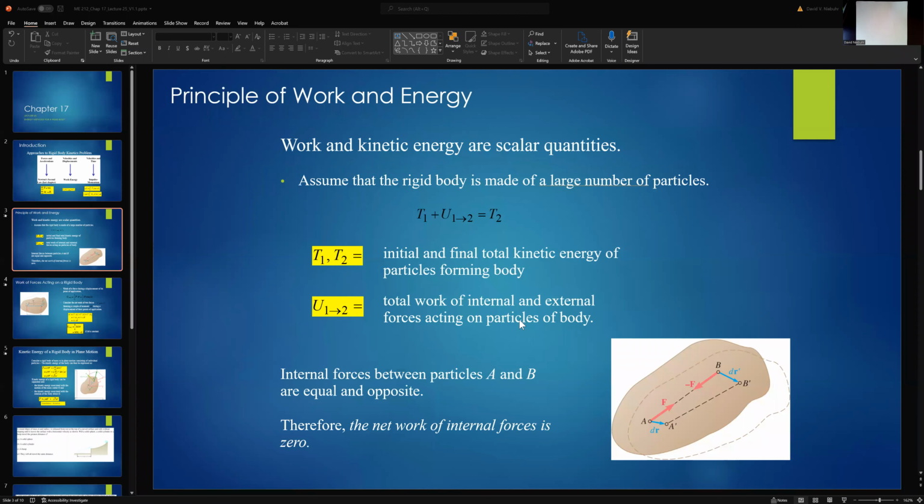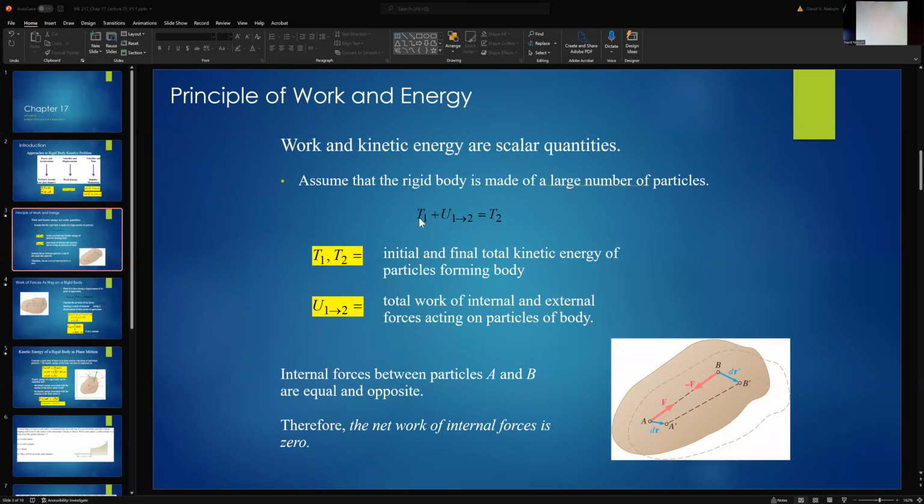So the one big change, let's just go through the work and energy. Now, this slide has a lot of information on it, but let me point out the important stuff. We remember this equation here, T1 plus U1 to 2 equals T2. That's just saying that we have our initial state. It could be an initial velocity, it could be an initial position, it could be an initial mgh.